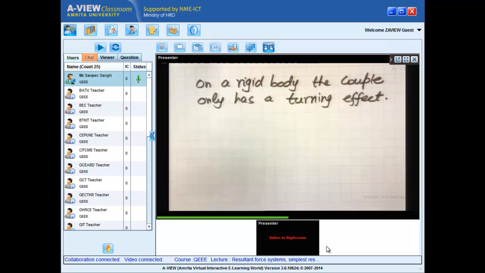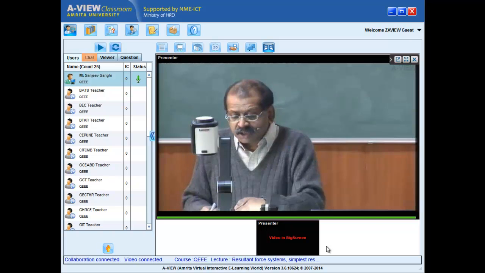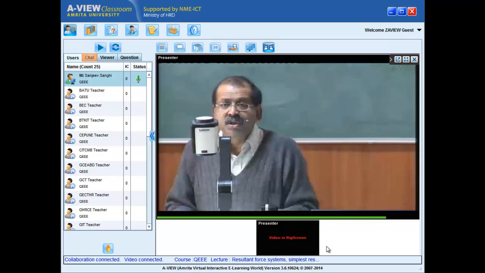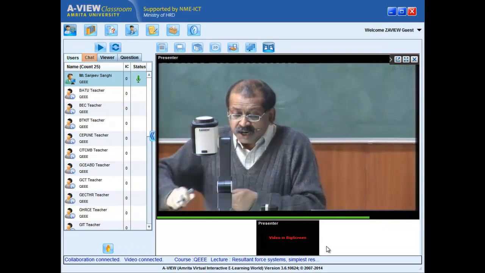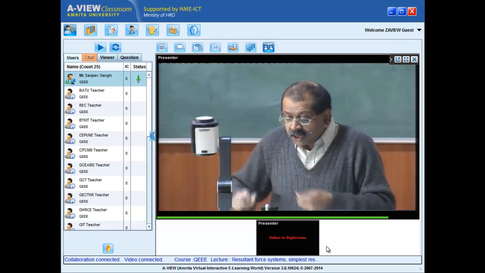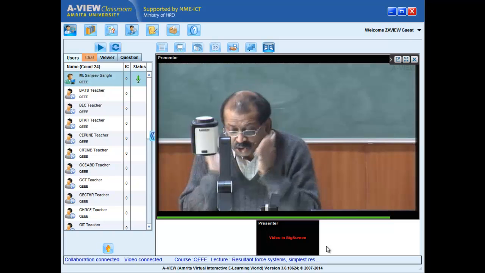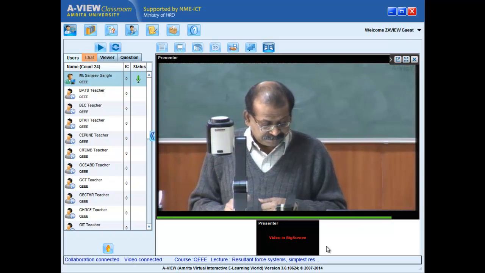If there are two forces acting on a body and they are equal and opposite, they don't act along the same line, then on a rigid body, the net effect of both these forces will be 0. And what this will tend to do is, it will tend to turn the rigid body. So that is the tendency of these two forces. Now we call these forces a couple.